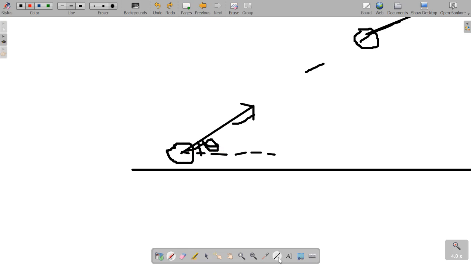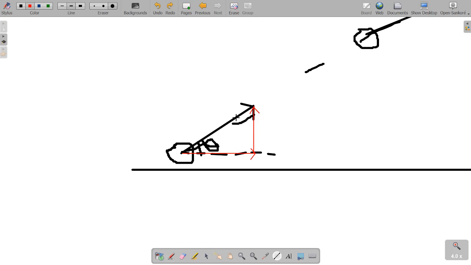We resolve into the horizontal and vertical components here and here. This is at launch. This is the horizontal component.